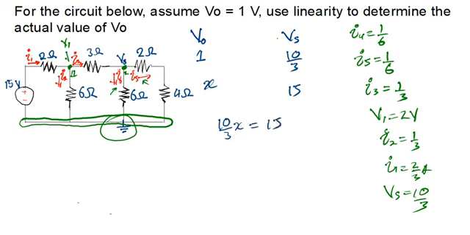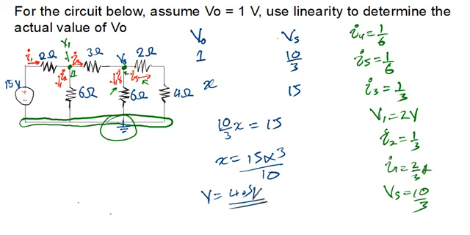You just divide both sides by 10 over 3, of which your value of X will be equal to 15 multiplied by 3 divided by 10. That is 45 divided by 10, which will give us 4.5. So meaning the actual value of VO is simply 4.5 volts.